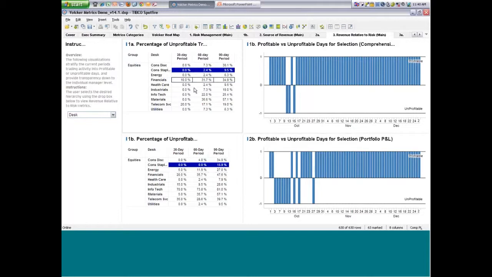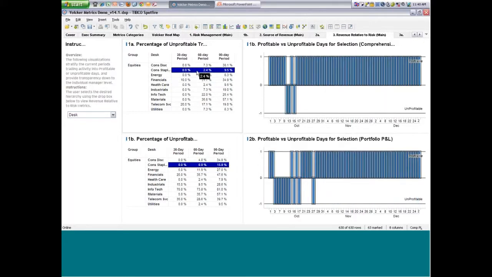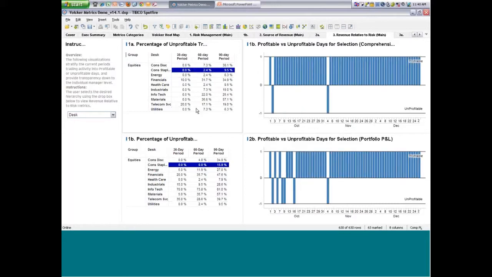Are we seeing areas where there are deviations? If we saw 30 days of positive comprehensive P&L for a book that had a low amount of asset appreciation P&L, then we would say that's okay, because they're making all of their money in a relatively low-risk method, essentially just performing market making activities.